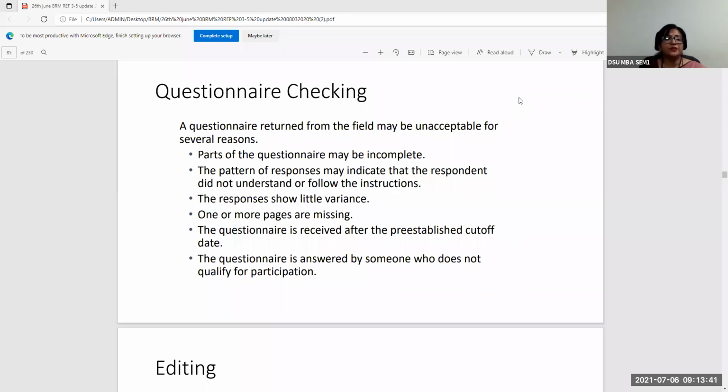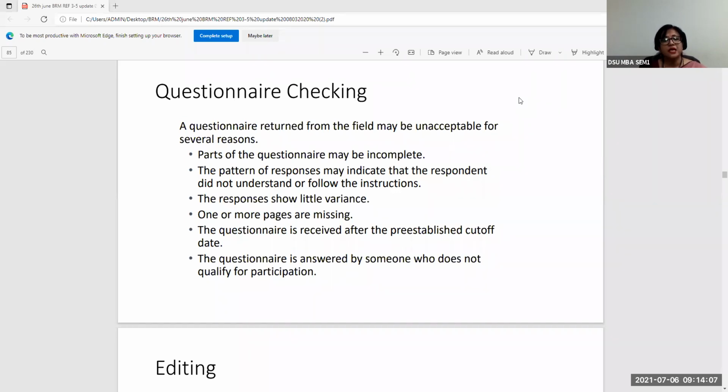The last part of the questionnaire checking phase would be whether the questionnaire is answered by someone who does not qualify for participation. So for example, you have asked a questionnaire to be filled by the head of the household, but you find out that it has been filled not by the husband or the wife in the family, but by someone else. In that case, should you consider the response?